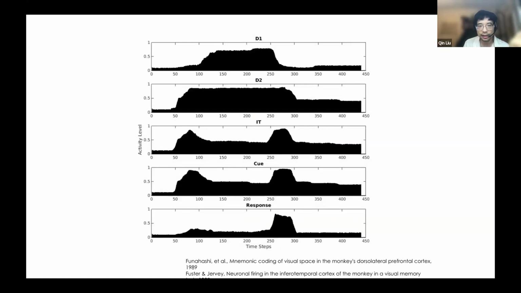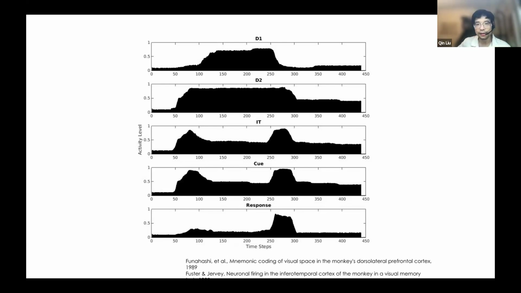And then I collected experiment data from some past examples of monkey single neuron recordings and human fMRI. So these experiment data are related to those nodes I just showed you. For example, D1 and D2 are the working memory nodes, and IT is a visual processing node.